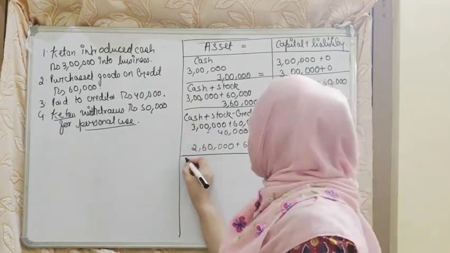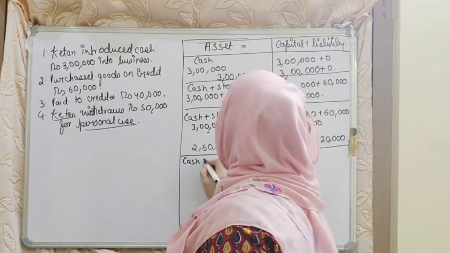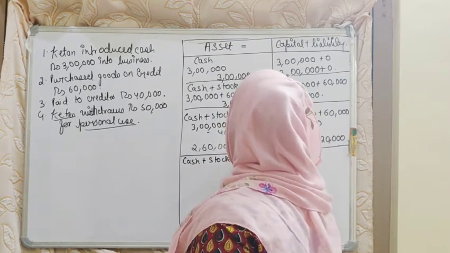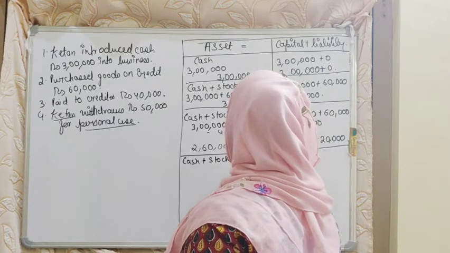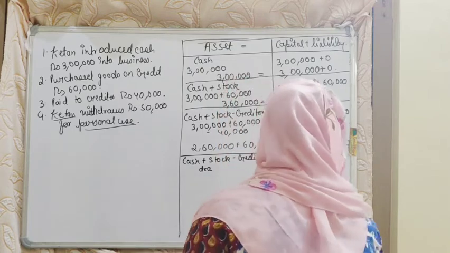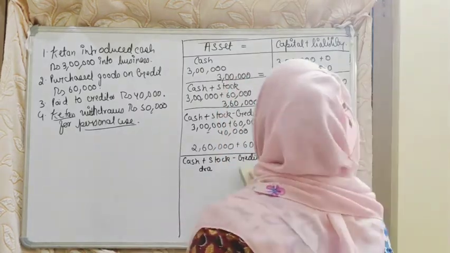So we will write again cash plus stock minus drawings. Sorry, minus not creditor, minus drawings.